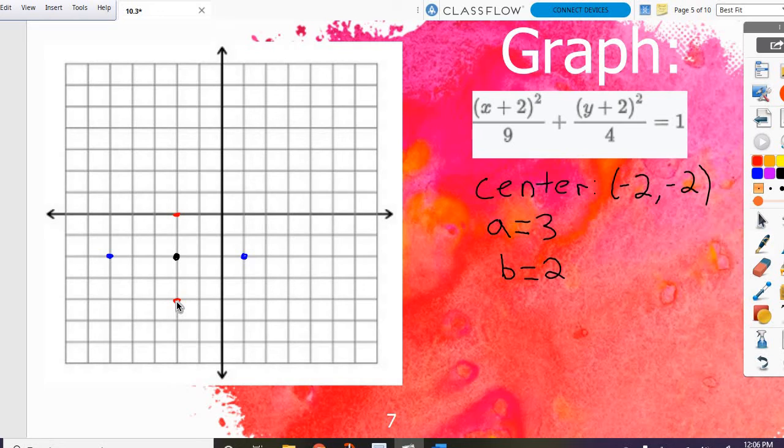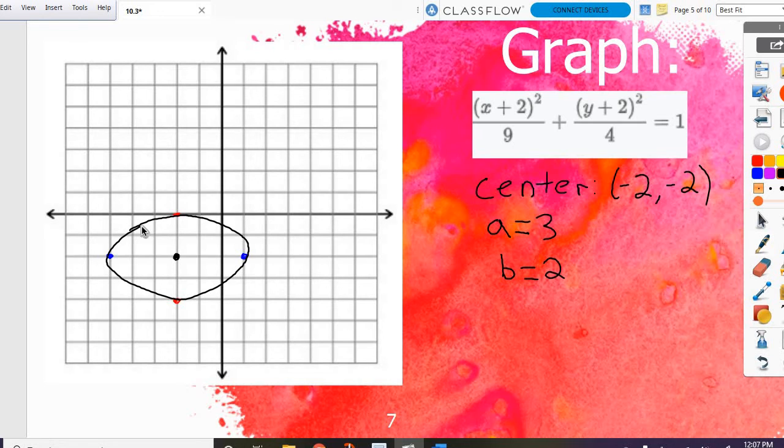And then basically we just connect it all. And we're going to pretend that my ellipse looks nice and symmetrical. It's not going to. But close as possible. I'm also not going to grade your ellipses on your homework on symmetry, so as long as I can tell where your center is, and that your vertices and your co-vertices are in the right spot, then that'll be fine.